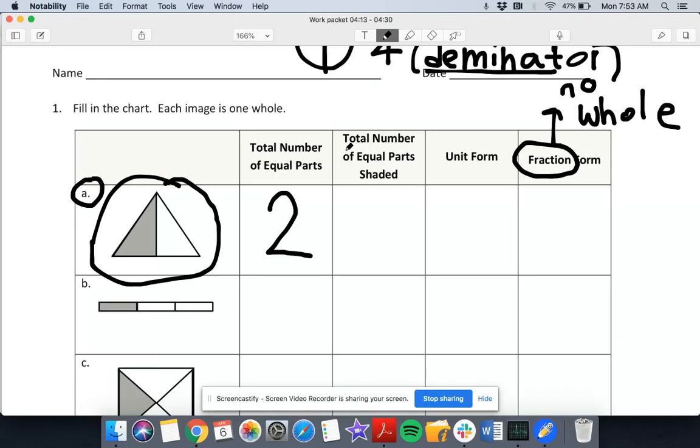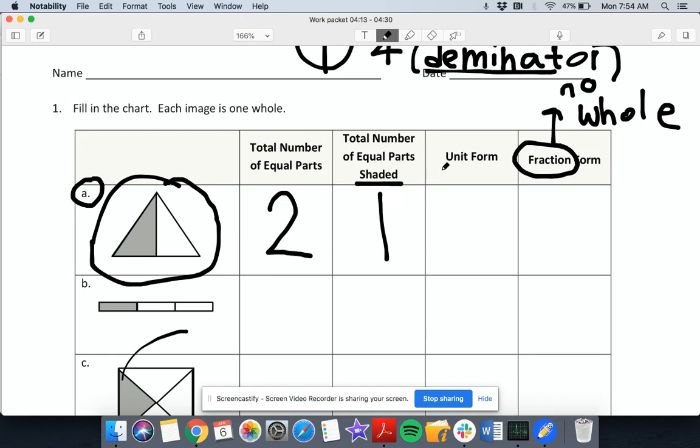Next one asks total number of equal parts shaded. So what does it mean to be shaded? So it's essentially asking how many triangles are colored in. As you can see, there's only 1 triangle that's colored in. Okay, so I would put 1 here.